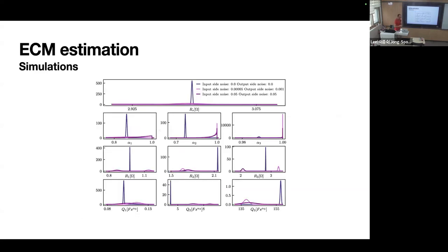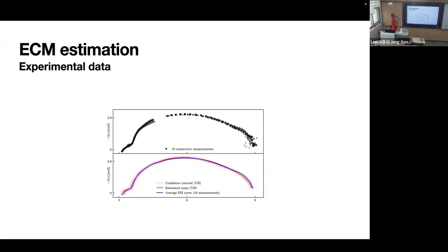If we go even one step further, let's take real case scenarios. These are the parameters of the ECM from the previous ice curves. So let's go into a real case scenario where we try to fit impedance data.